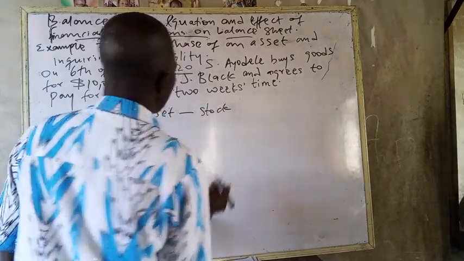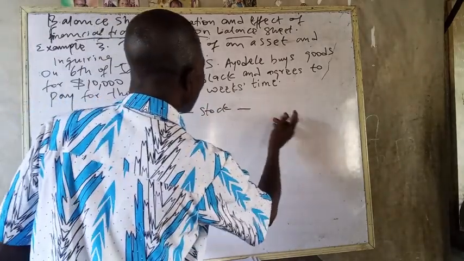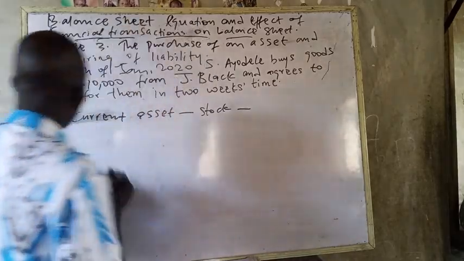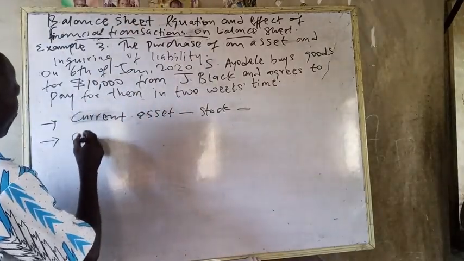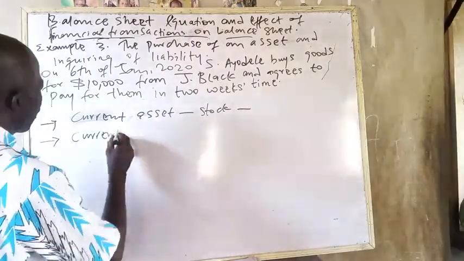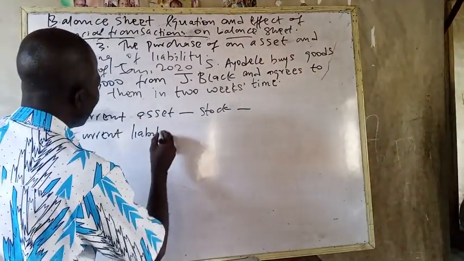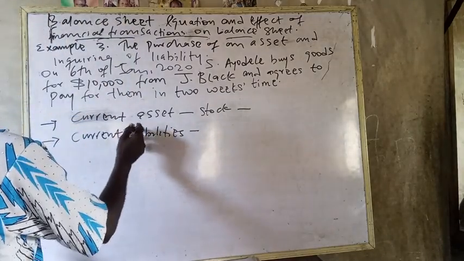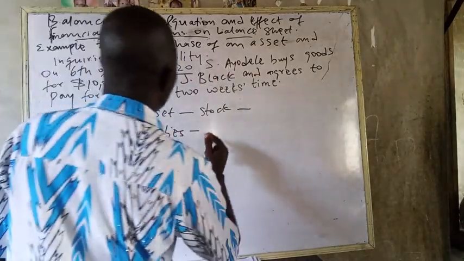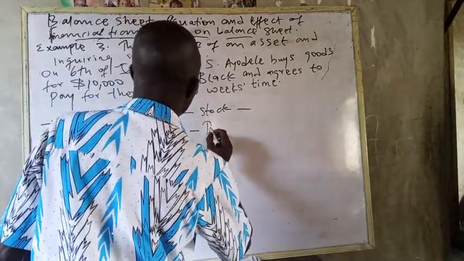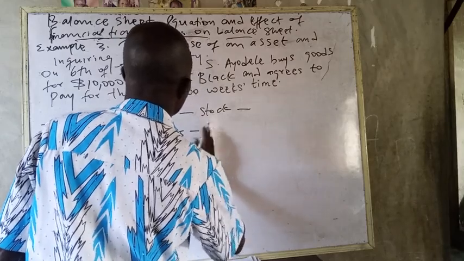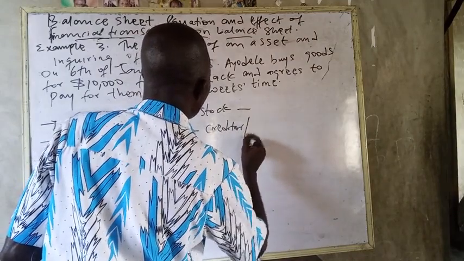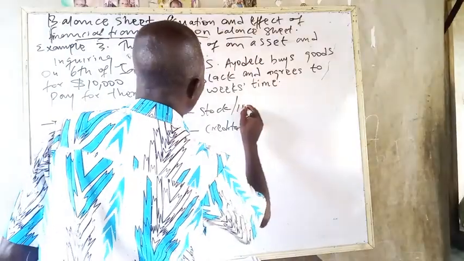Let's say stock for simplicity's sake. Then it is purchased on credit. Because it's purchased on credit, he agrees to pay later. That's now going to current liabilities. And how do you classify this type of current liability? It is trade payables, or in simpler terms, creditors. Another for stock is inventory.